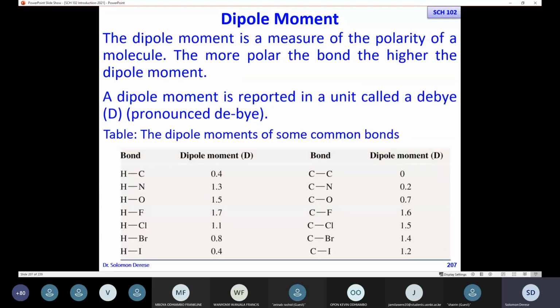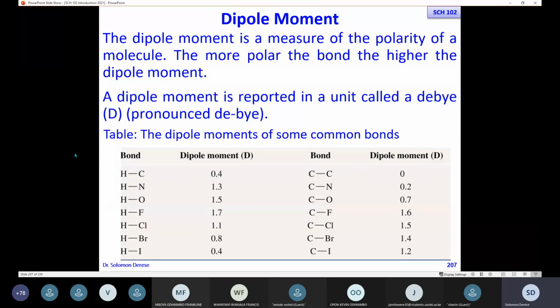You remember what determines whether a particular bond is going to be more polar than the other? The most important factor is the difference in electronegativity between the two atoms involved in the covalent bonding. If the electronegativity difference between them is small, they are less polar. If it is more, they are more polar.